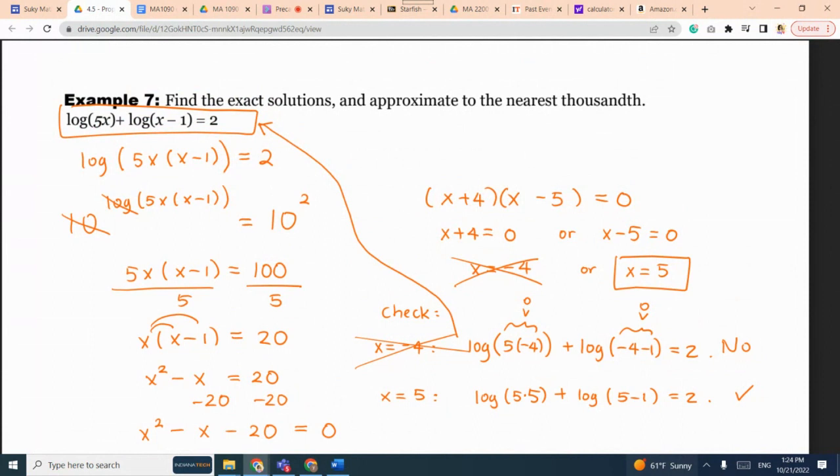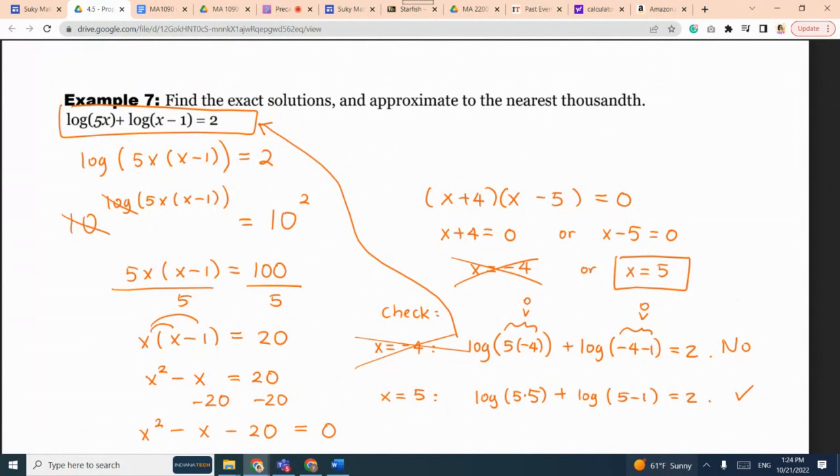So sums, we combine into products. So 5x times x minus 1 is 2. And now we can raise 10 to the power of both sides to carry out the log. Here is 10 squared. So here we have 5x times x minus 1 equals 10 squared, which is 100.